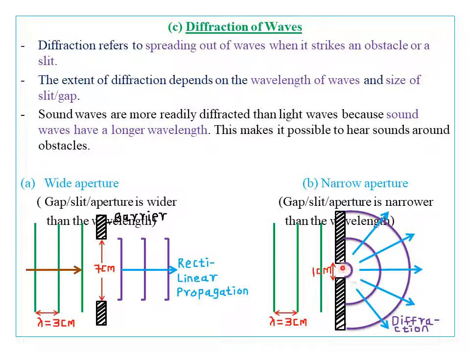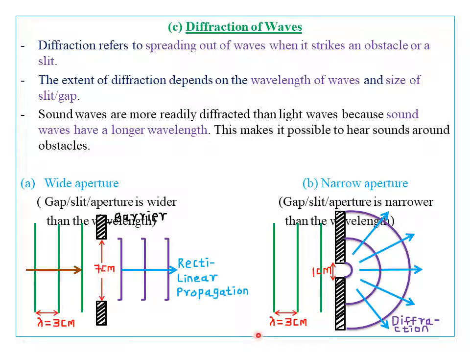So whenever the slit is very small, the diffraction, or the spreading of the wave, will be very high. But whenever the slit is much larger than the wavelength, then the rate of diffraction will also be very small. So in an exam situation, you'll be given incident waves, then you'll be asked to sketch the diffracted waves, in one case when the slit is small, and in the other case when the slit is larger.